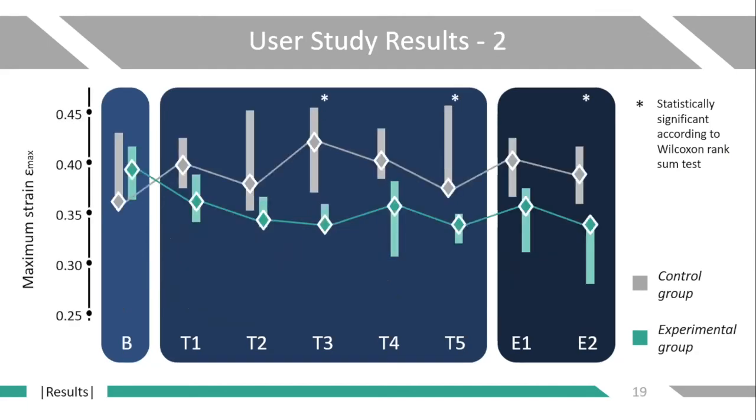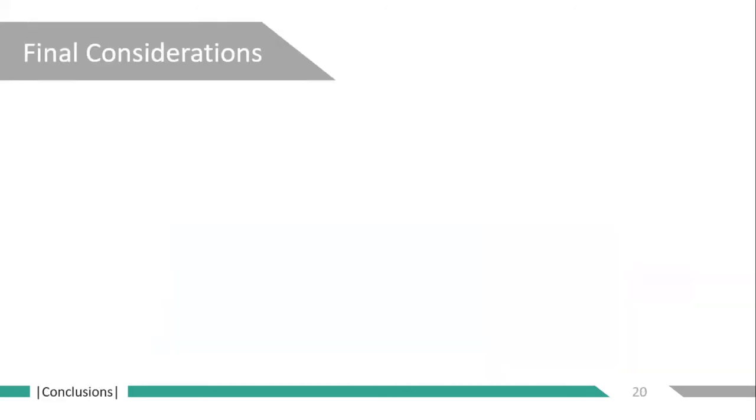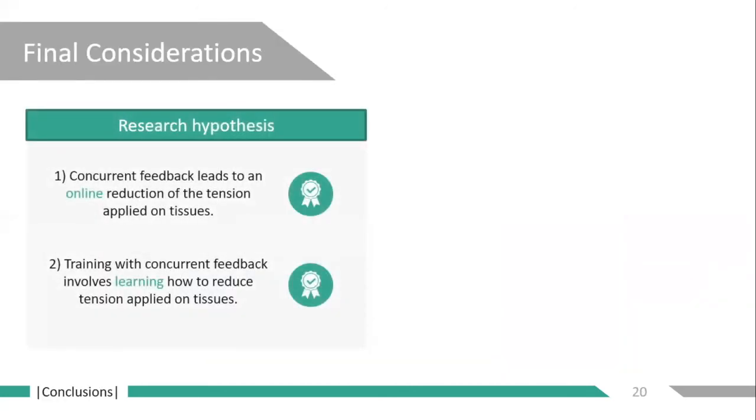And similar results were found in the maximum strain applied on the pulmonary vein simulator. And as you can see, the experimental group tended to apply lower tension on the pulmonary vein, both during training and after it, so during the evaluation. So we can make these 2 final considerations.